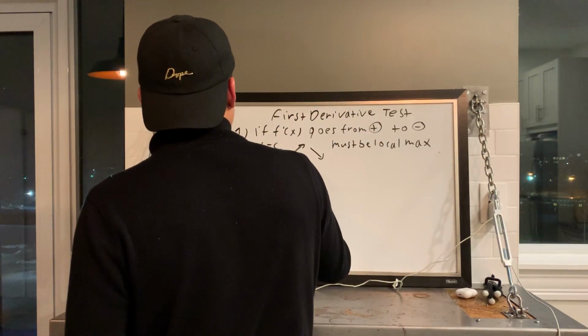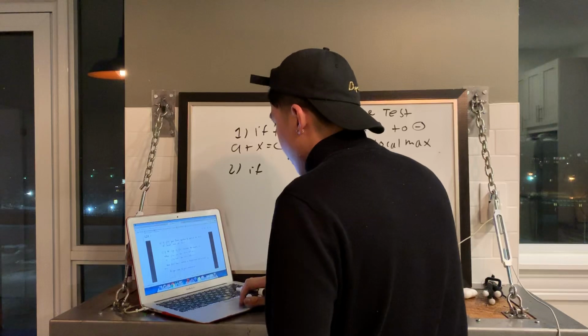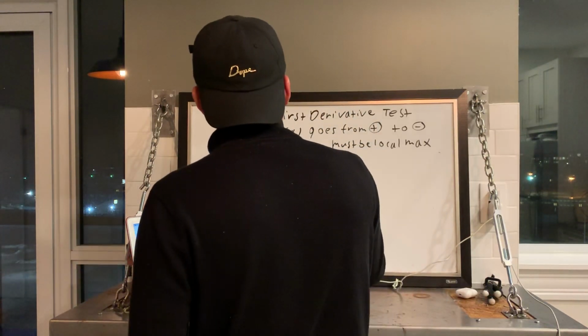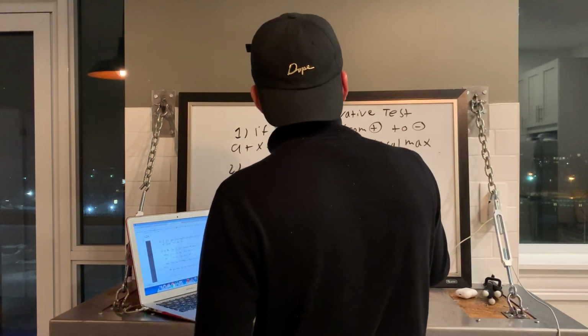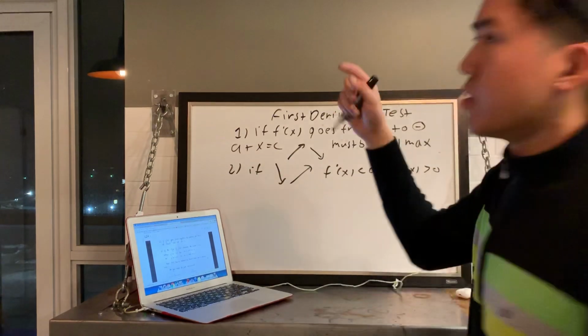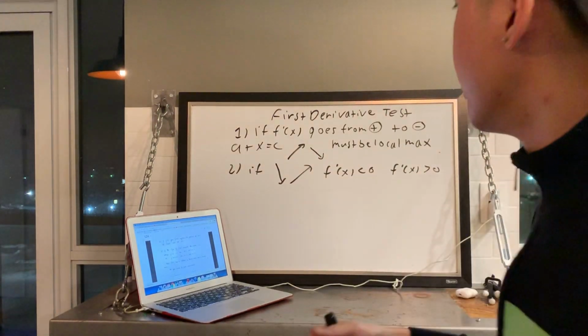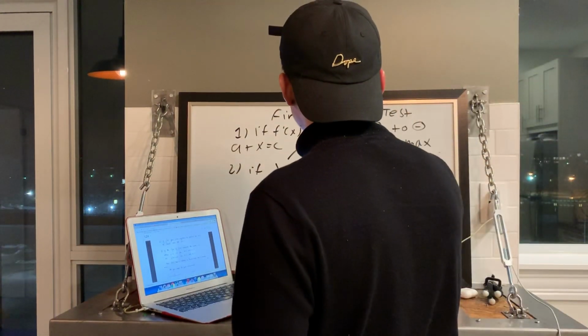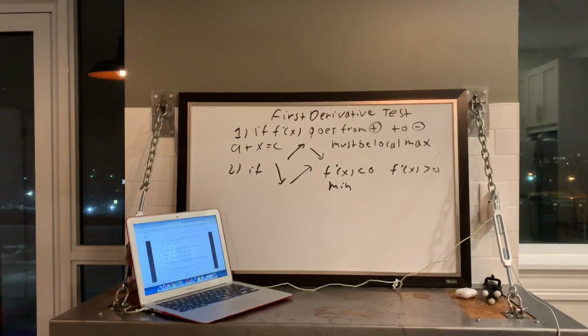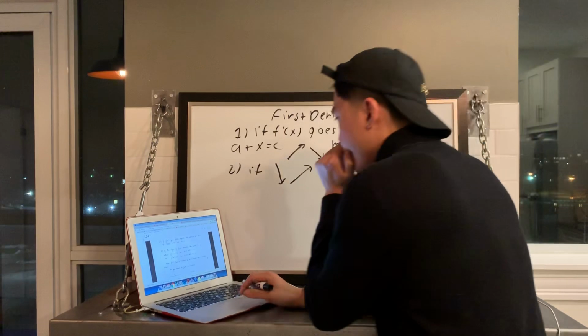If it goes from negative to positive, that is, from less than 0 to greater than 0, we have a minimum. Logically, you can see my arrows. If it goes up, then down, it's a maximum. If it's down to up, it's a minimum.